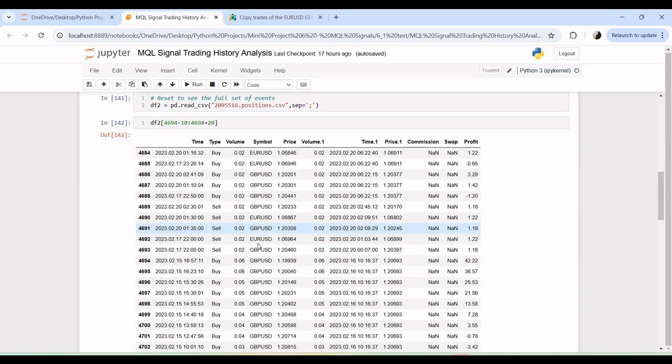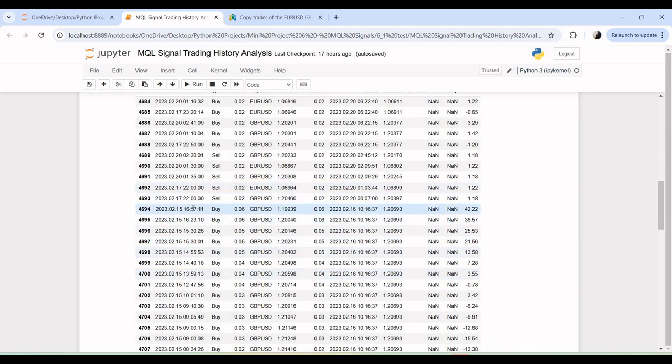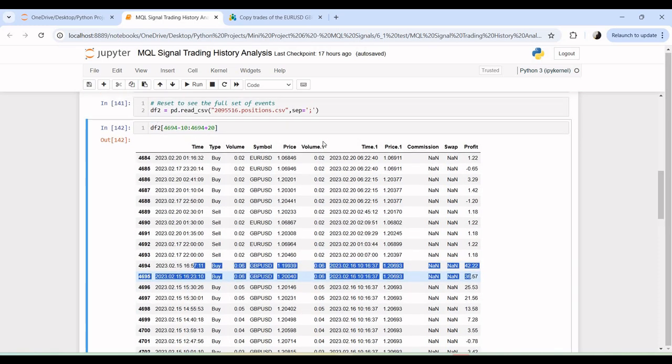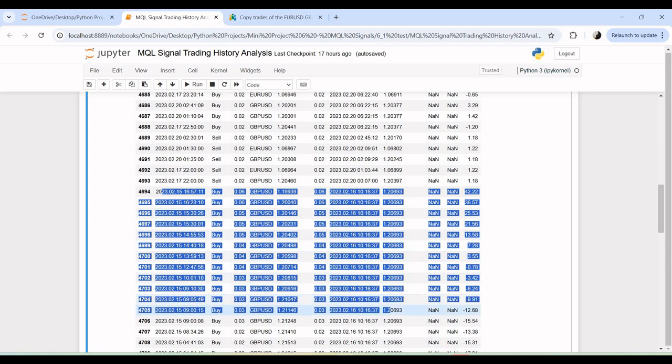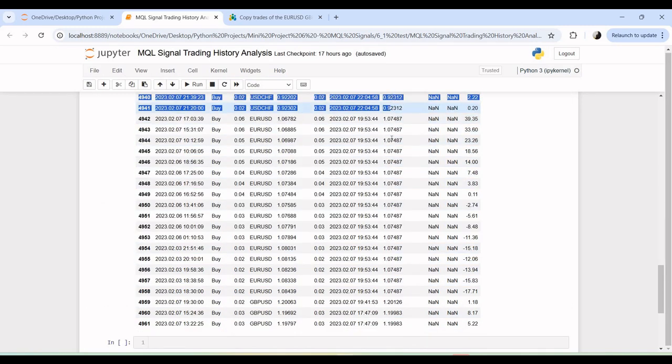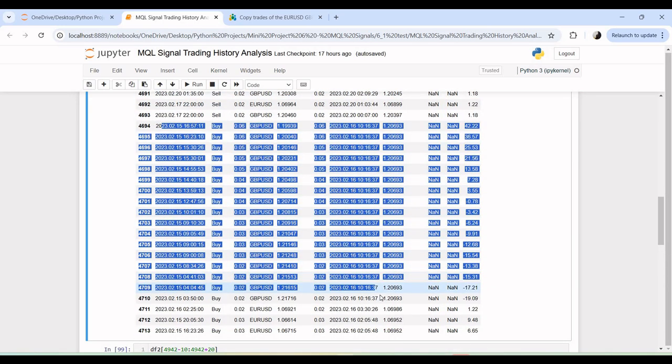And looking at the first 2 in detail, there we have our 2 0.06 lot deals, and also we've taken some deals before and after just to have a look at what happened around those deals, and we notice that there's quite a lot more deals that have the exact same close time here.